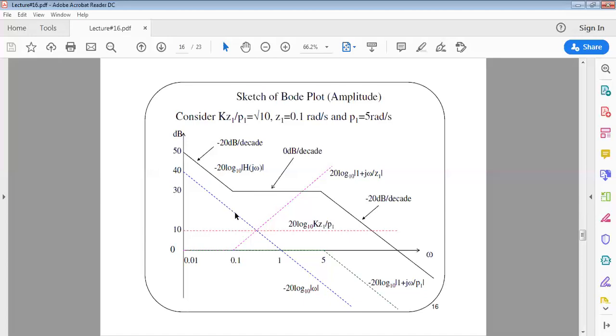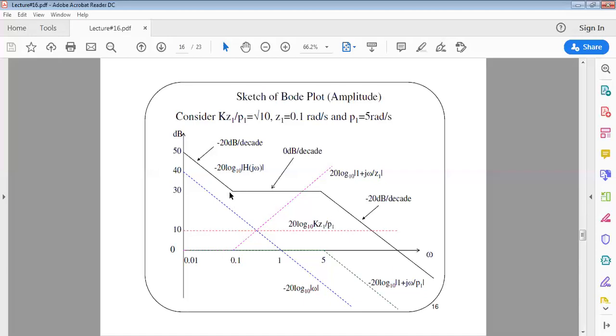The blue slope is negative 20 dB per decade, and the second slope is the pink color, which is positive 20 dB per decade. Both have different signs, negative 20 and positive 20, so when we add them together, the net slope will be 0.